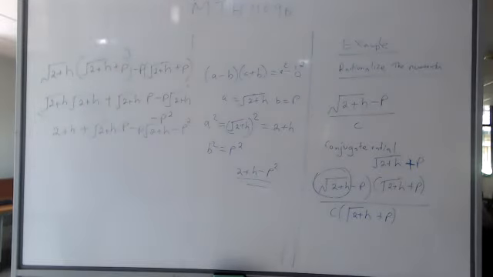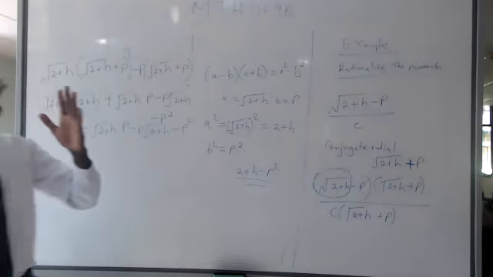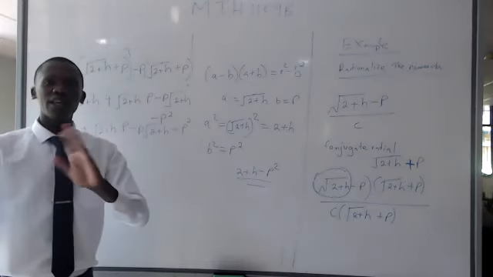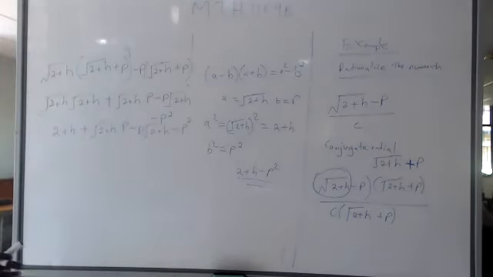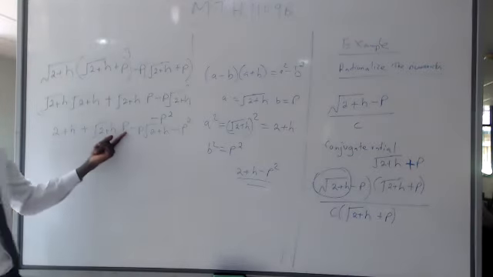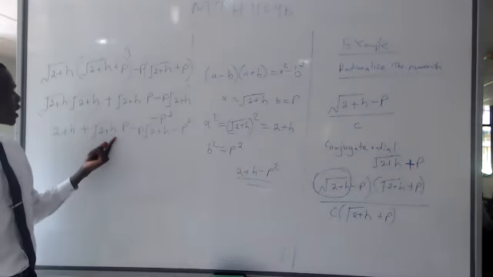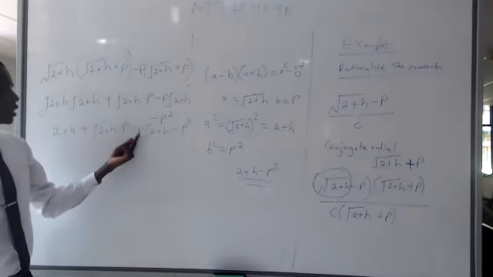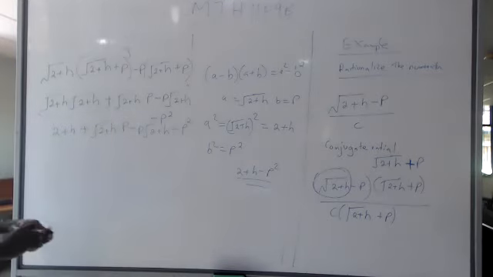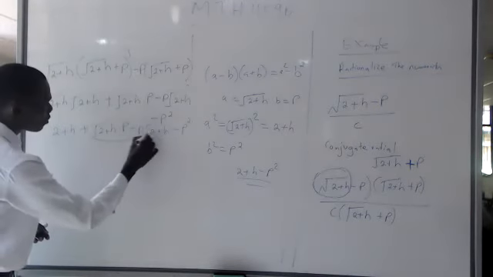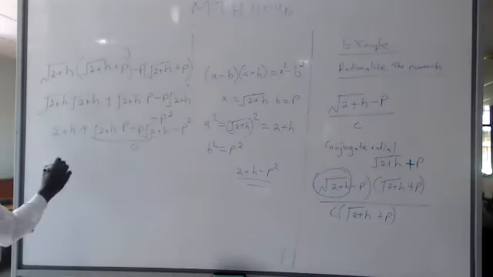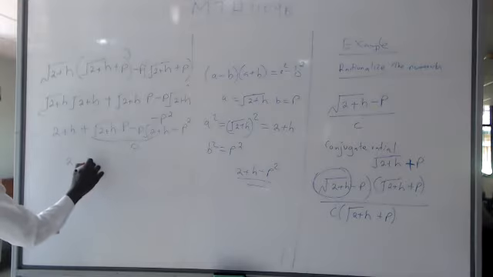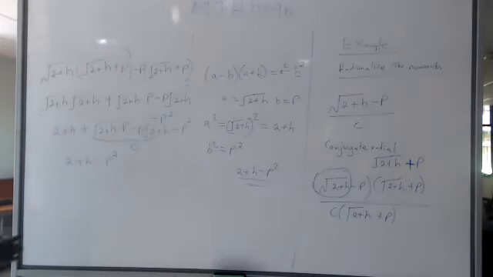We are dealing with real numbers and we know multiplication is commutative, so changing the order of the terms does not change the product. So root 2 plus h times p is the same as p times root 2 plus h. So they are actually additive inverses. So this term is 0, and we are left with 2 plus h minus p squared.